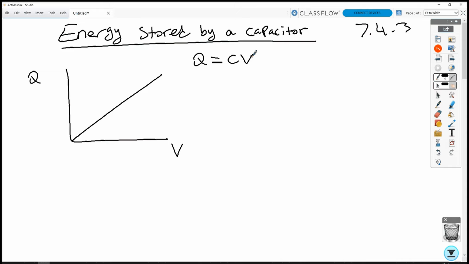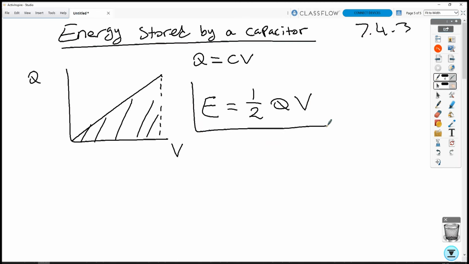In this situation, however, it's not constant. These values are changing. However, it's still going to be the area under the graph. So if we sketch out the area, the energy under that graph is a half QV because it makes the shape of a right angle triangle.